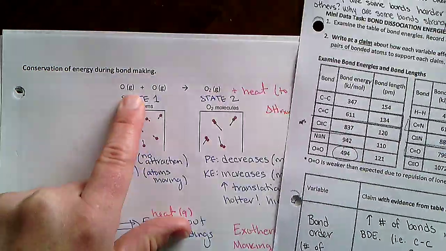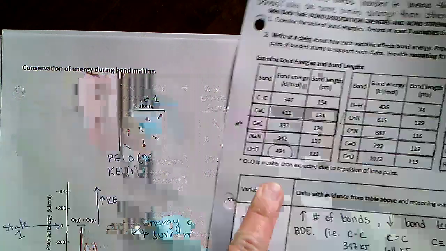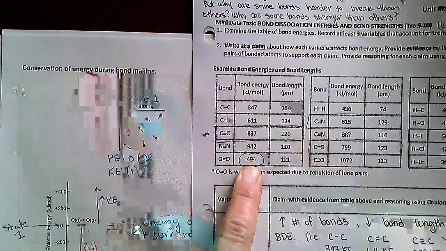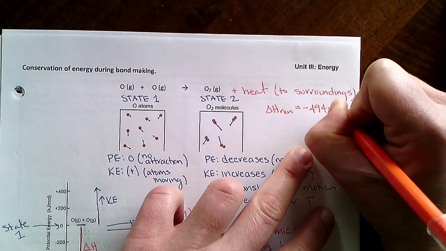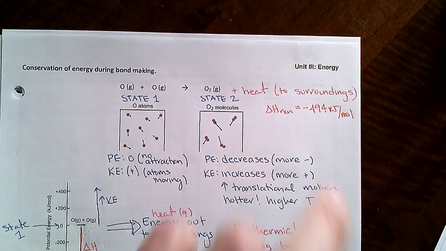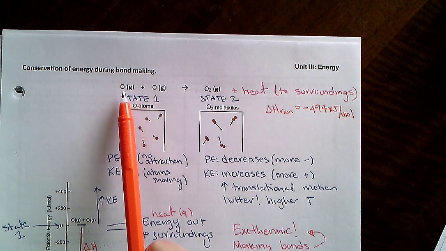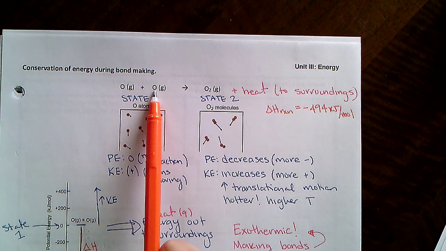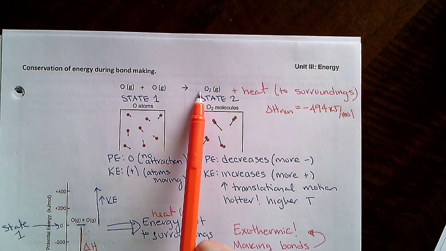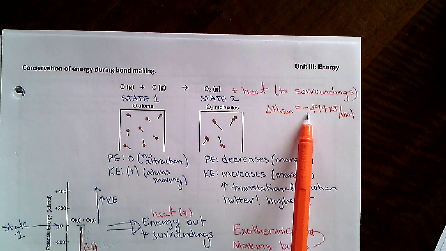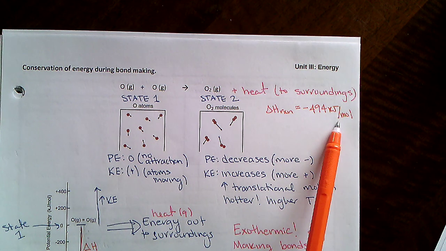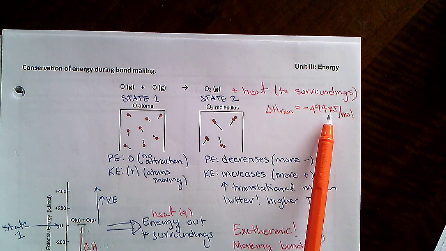If I'm talking about making the bond, then I have to say negative 494. That means if I have 2 moles of oxygen atoms coming together to make 1 mole of oxygen molecules, if I have that exact amount, then I'm going to be releasing 494 kilojoules to the surroundings.